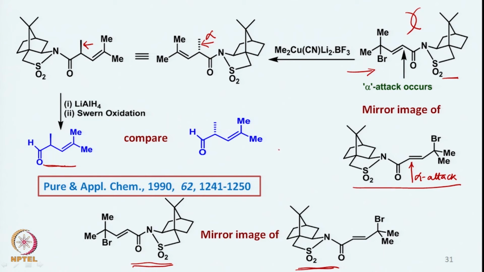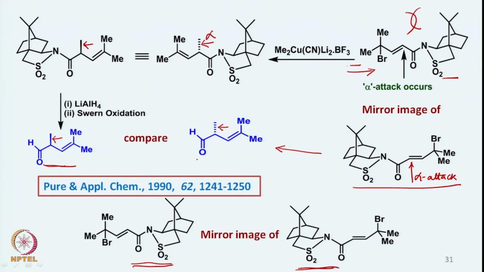So, from this we had got this product, and from this particular mirror image we have got this product here. So, this leads to the product having beta oriented methyl group, whereas here it is alpha oriented. So, these are two enantiomers of each other.